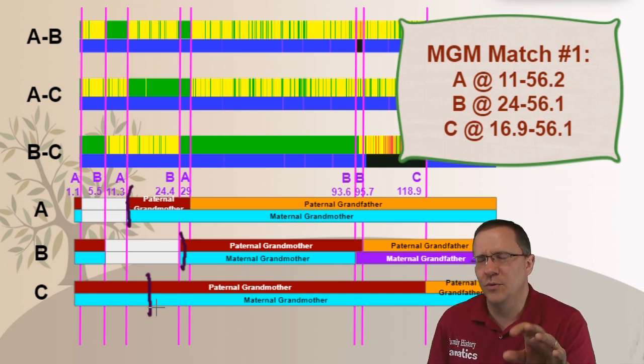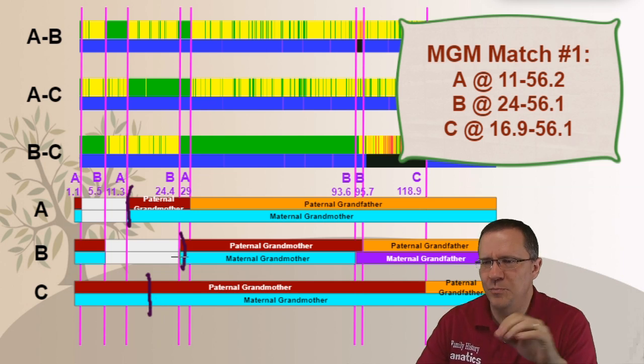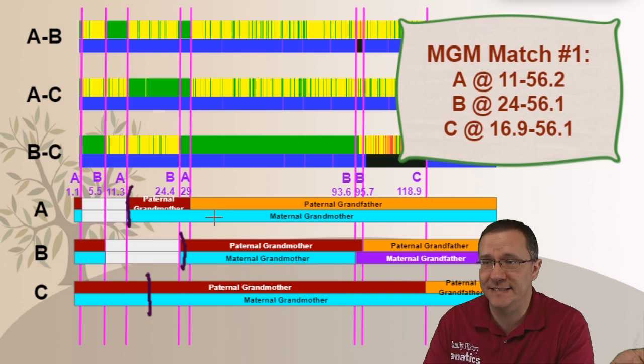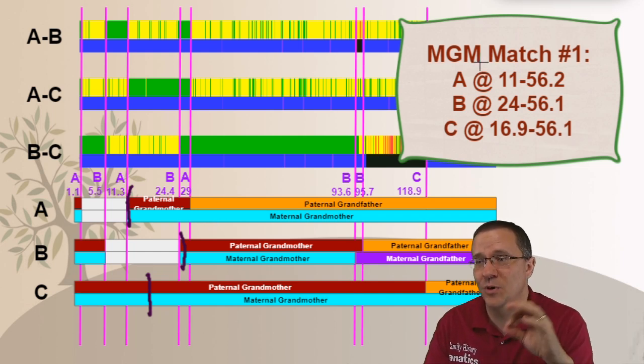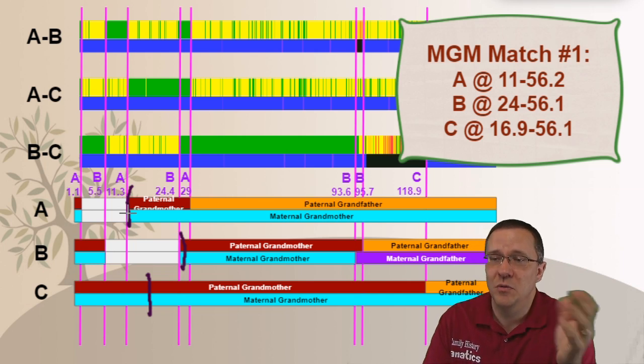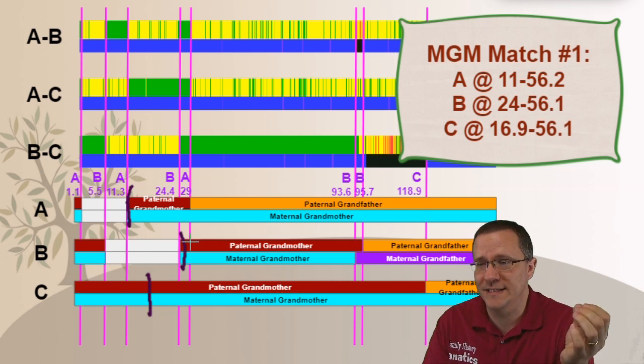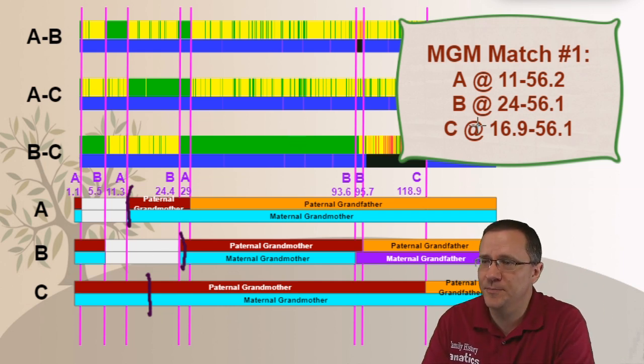Now these two, A and B, have these segments ending right where we know there is an end segment. And since this is what we've already said is going to be a maternal grandmother match, there's a good chance that we're going to be able to figure out what color one of these is. So let's use some logic here.